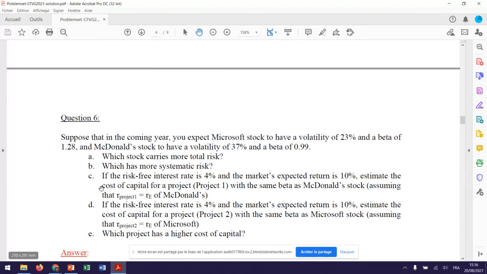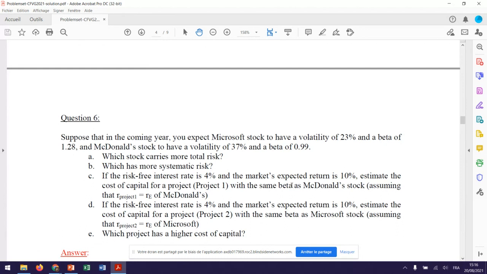Please estimate the cost of capital for project 1 with the same beta as McDonald's stock. What does this mean? It means when you are going to make a franchise of a food business, for example another burger restaurant, that has maybe the same systematic risk as McDonald's.